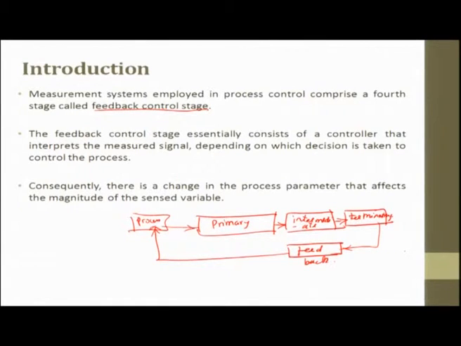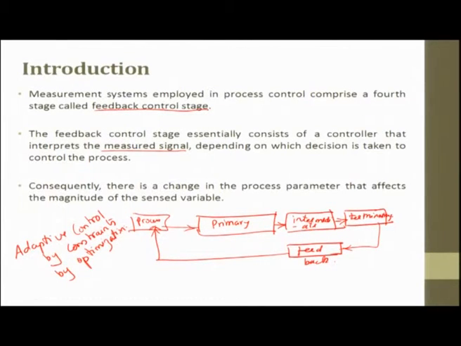A feedback control system essentially interprets the measured signal, depending on which a decision is taken to control the system. So, here you can have adaptive control by constraints, or you can have it by optimization.